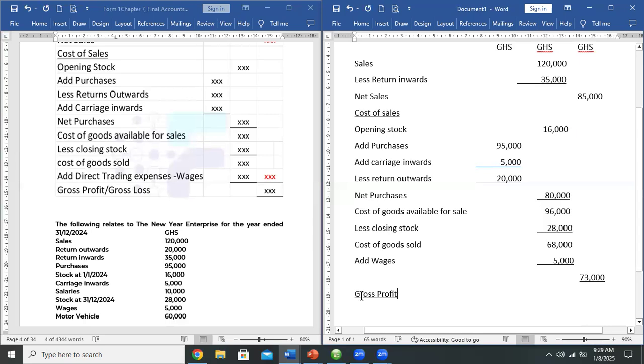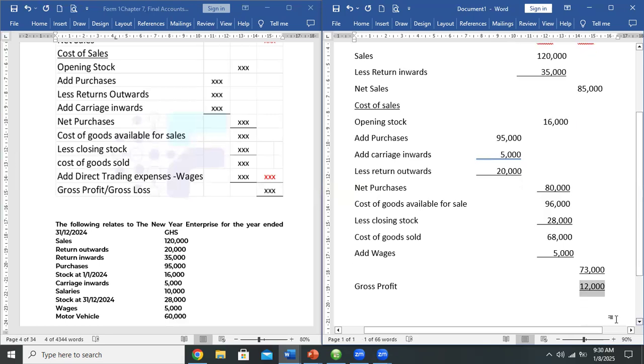So we are going to get a gross profit. And how much would the gross profit be if you have done the calculation? Then that would be 12,000. And you underline it finally, and that ends your trading account.